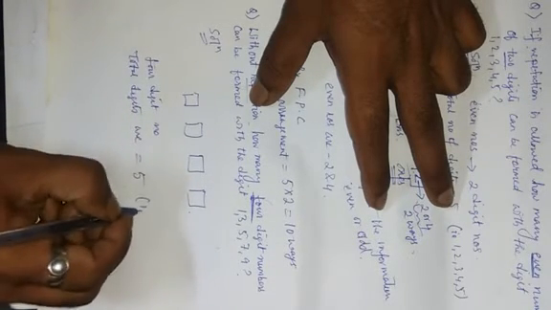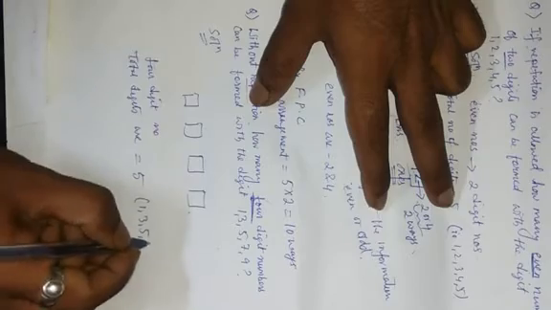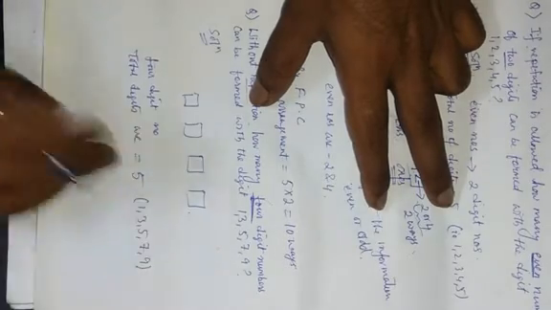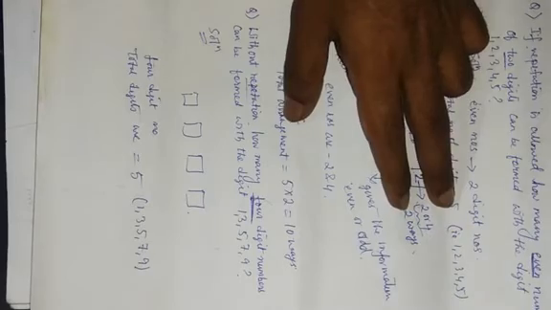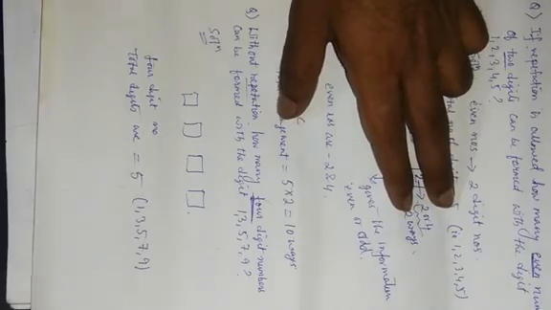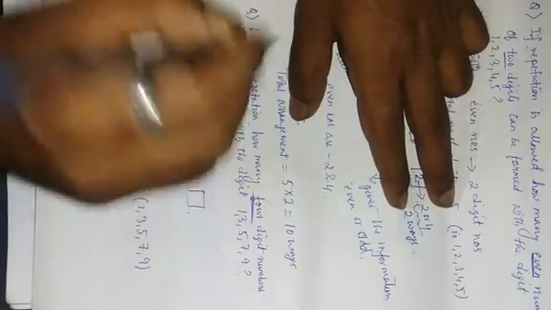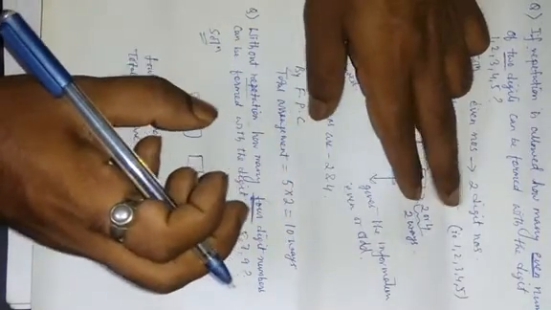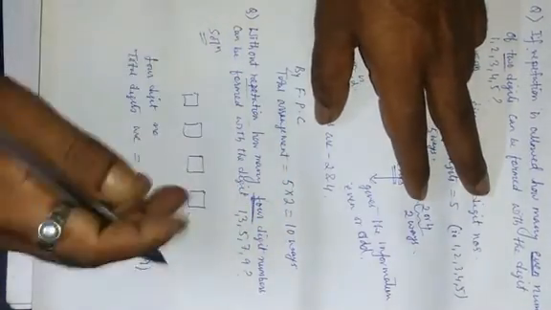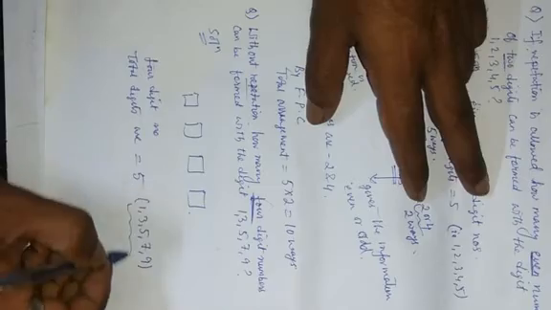The 5 digits are 1, 3, 5, 7 and 9. Here they have not given any condition that we have to make either an even number, an odd number or anything. Simply we have to make a 4-digit number. So how many digits are there? There are a total of 5 digits.